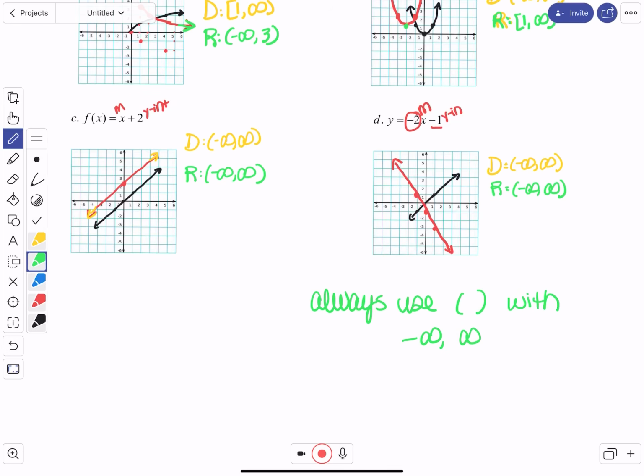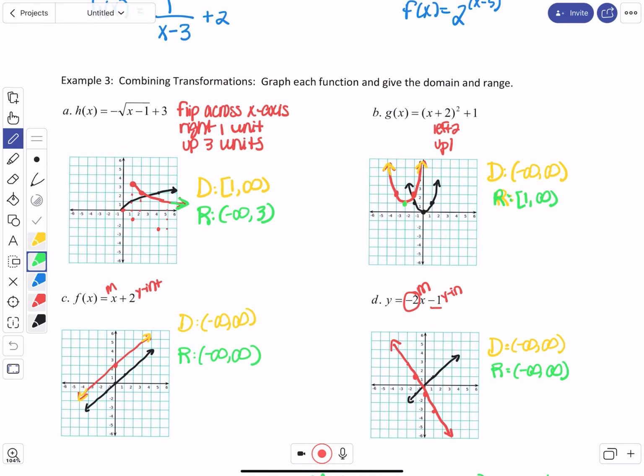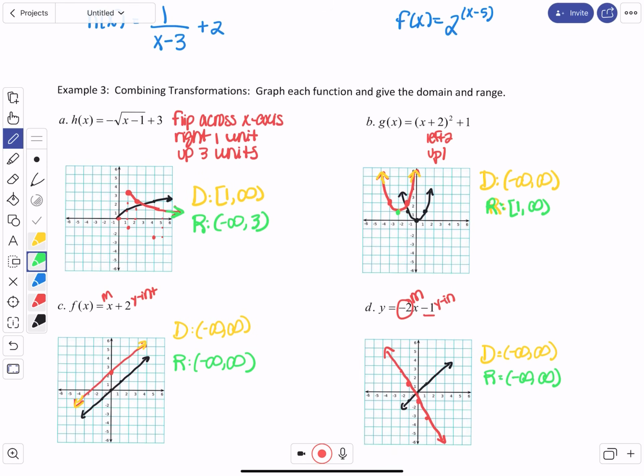Okay, and then we can also go back and we can talk about using these as inequalities. Okay, so for example, because you'll have some of these in your assignment as well. So for this one, x is greater than or equal to 1. That could be expressed as an inequality.